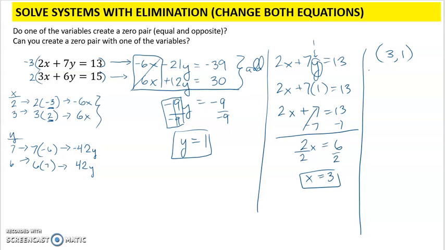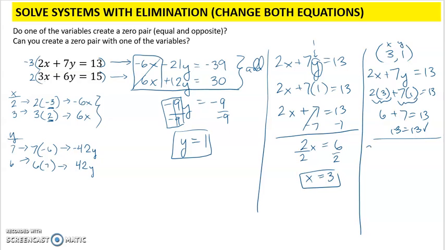And so our check, you remember you plug in to both of our equations and it should make both of them true. So there's my x and my y, okay? So I would do 2 times 3 plus 7 times 1 equals 13. And then I simplify, right? So that's 6 plus 7. Hey, 13 equals 13 is true. So it works for one. We have to make sure it works in the other one. So 3x plus 6y equals 15.